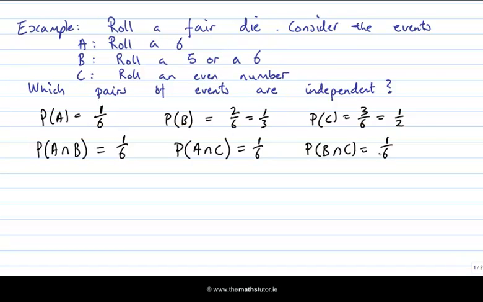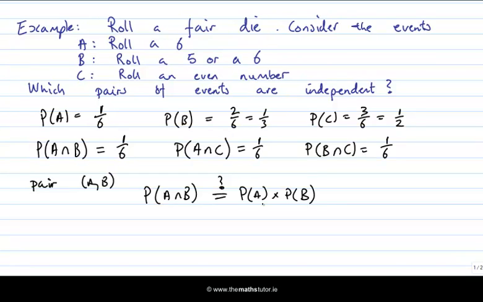So now we have all the numerical information that we need to work out whether or not each pair is independent. So let's look at the pair A, B. Are events A and B independent? So the question we have to ask is, is the probability of A and B equal to the probability of A times the probability of B?